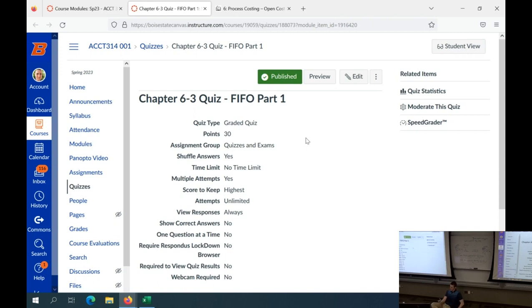So FIFO part 1 here is going to ask you to calculate TEU using FIFO and rates using FIFO. And so we need to make sure we include this in our TEU calculations and make sure we exclude this from the numerator in our rate calculations.